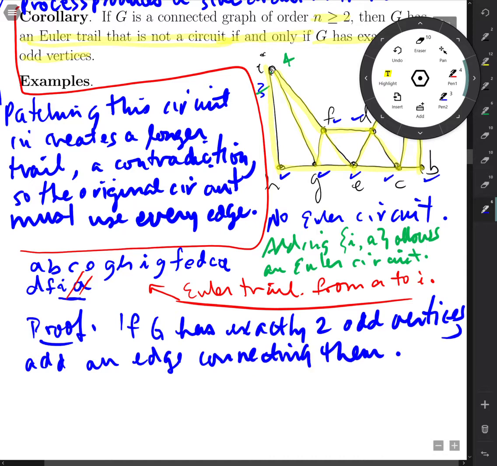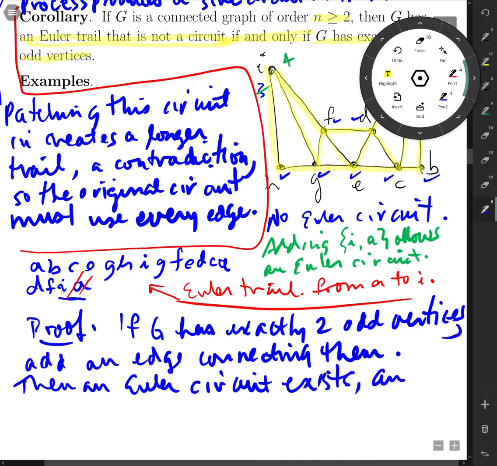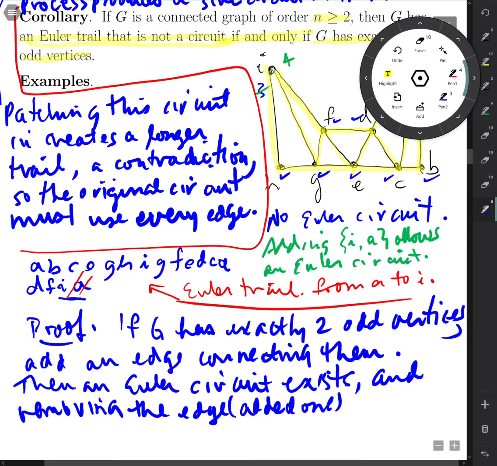Then an Euler circuit exists, and removing the edge we added leaves an Euler trail.